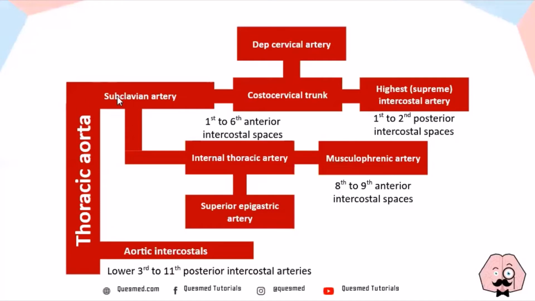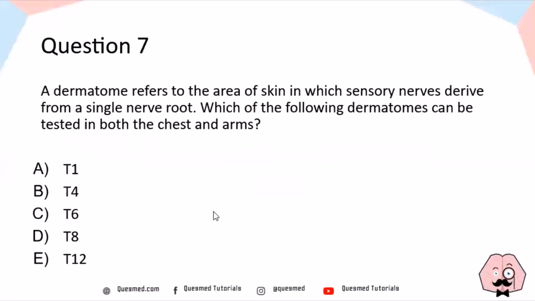And then as the thoracic aorta becomes the descending thoracic aorta, it gives off the lower 9 intercostal arteries on both sides. So this is question 7.